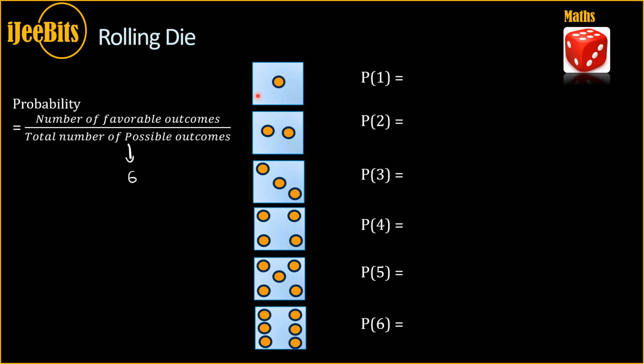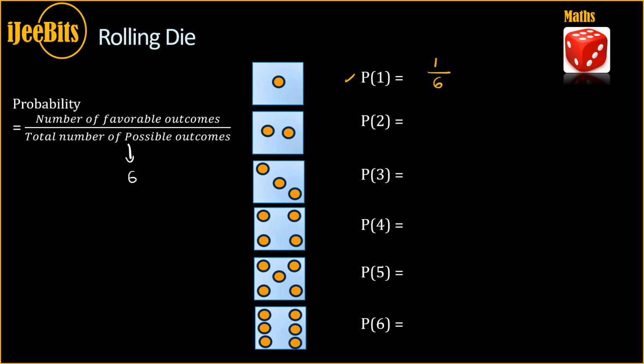Based on the formula, probability is the number of favorable outcomes divided by the total number of possible outcomes. So the probability of getting 1: the favorable outcome is only 1, the total possible outcomes is 6, so P of 1 is 1 by 6.